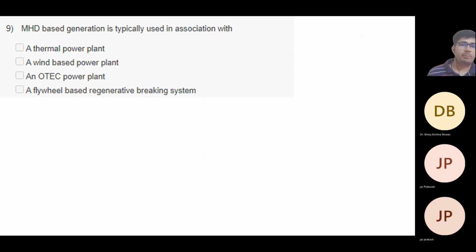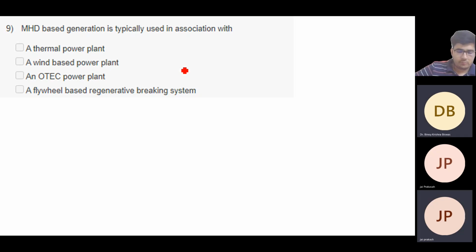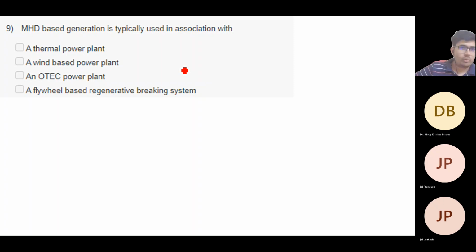Question number 9, MHD based generation is typically used in association with which? Thermal. Okay, let us wait for 1 or 2 minutes. Yes, sir, thermal. As per me also, the thermal power plant.